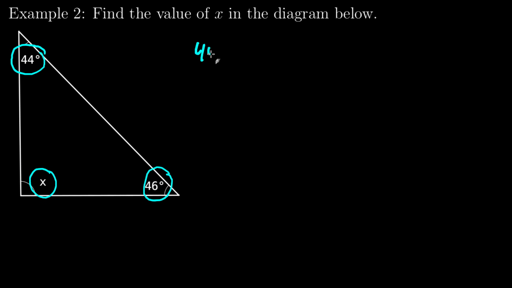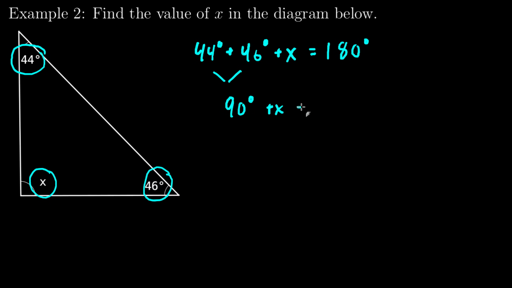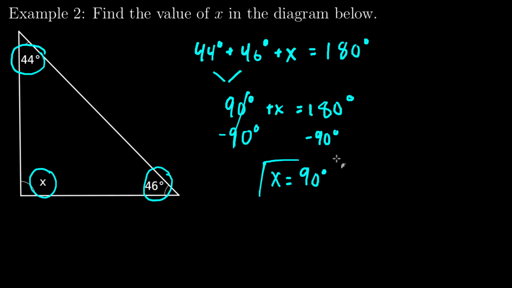So I'll do 44 degrees plus 46 degrees plus X equals 180 degrees. 44 plus 46, I know that is 90. I will subtract 90 degrees from both sides, and I'll get that X must be equal to 180 minus 90, which is 90 degrees. And there's my answer.